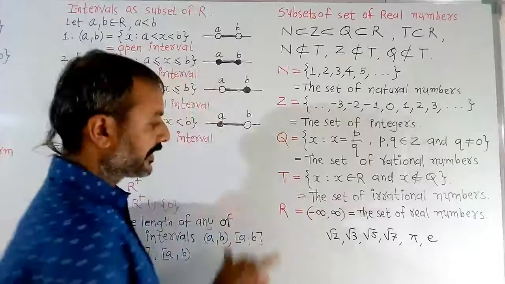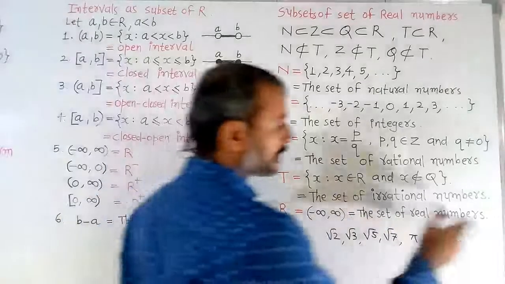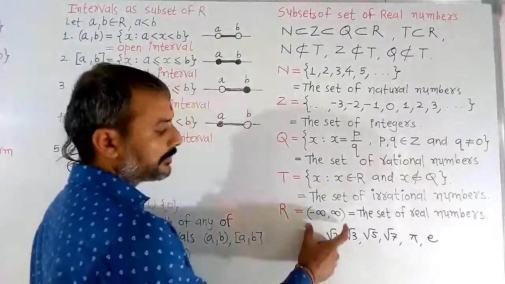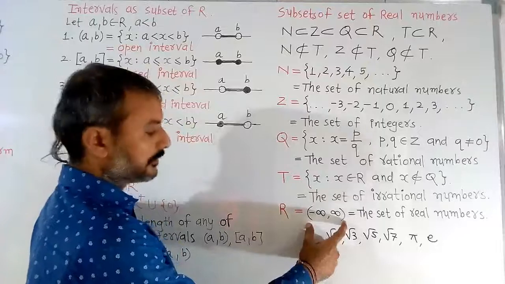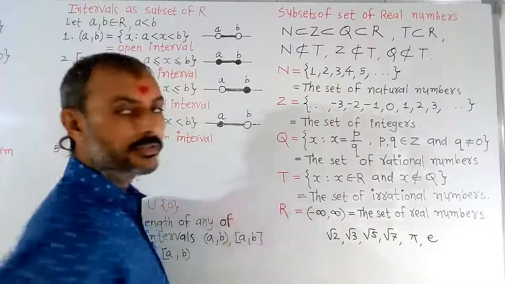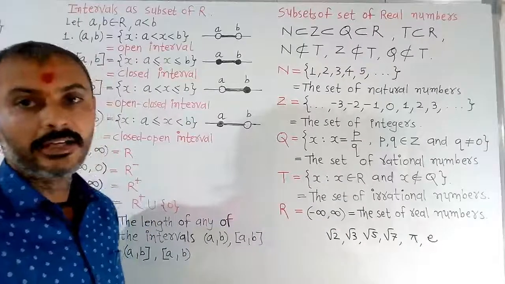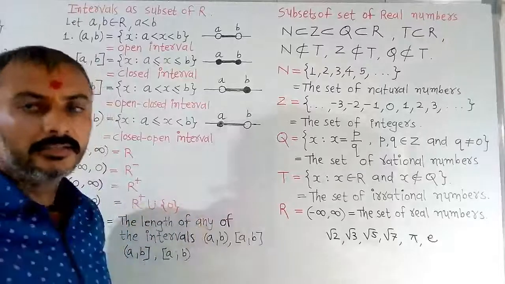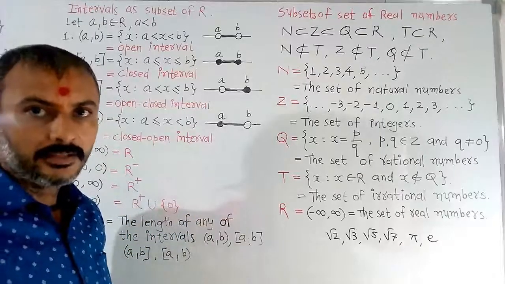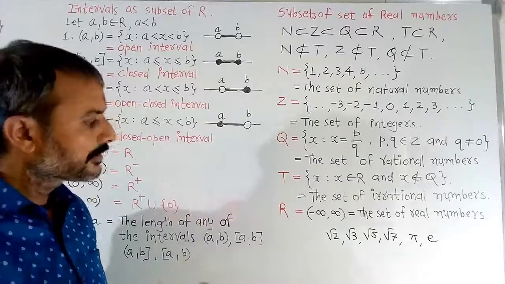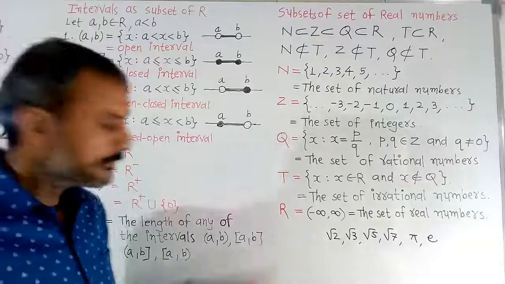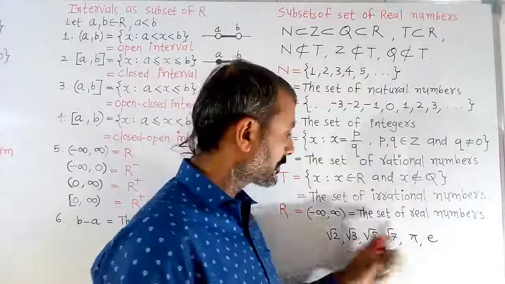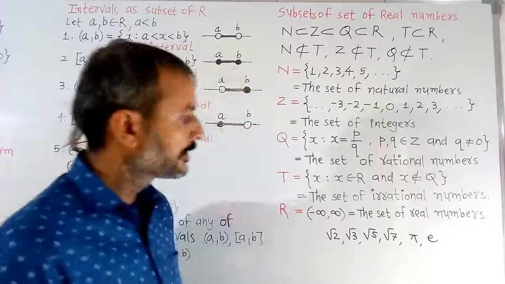And R is the set of real numbers. It can be written in interval form as minus infinity to infinity. R means the number line. You know the number line? You may have studied it in the 9th and 10th standard. So R is called the number line, minus infinity to infinity, the set of all real numbers.